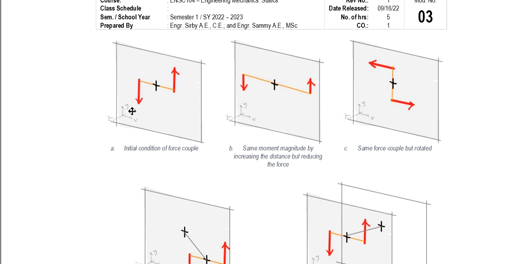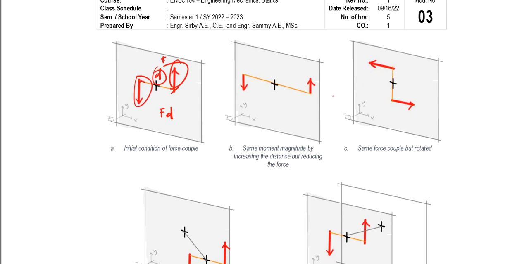We have this magnitude and this one with opposite direction but the same magnitude, right? And about this distance. So the value of the moment caused by these two is the force times their distance. Okay, so same moment magnitude.